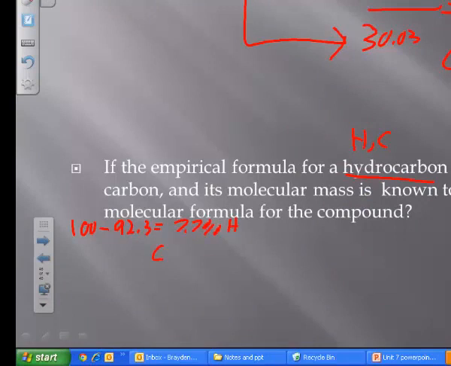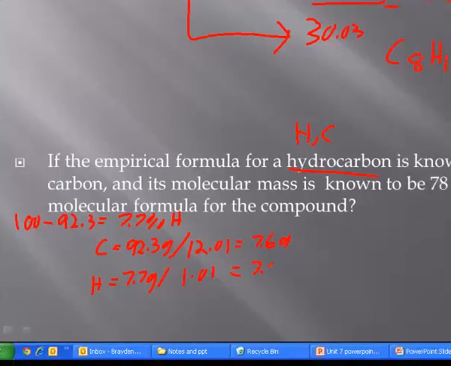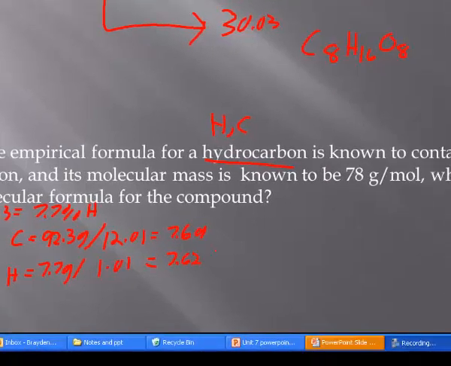Carbon is 92.3 grams. We just drop the percent off. Hydrogen is 7.7 grams. Mass to mole, divided by their molar mass, 12.01 and 1.01, which gives us 7.69 and 7.62. Next step, divide by smallest, which is 7.62.